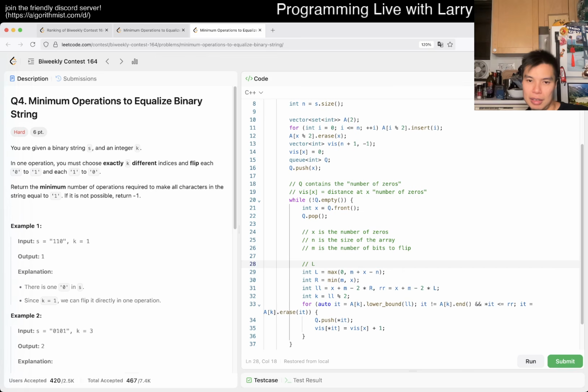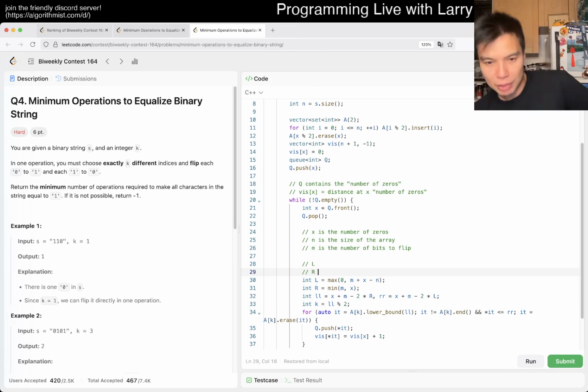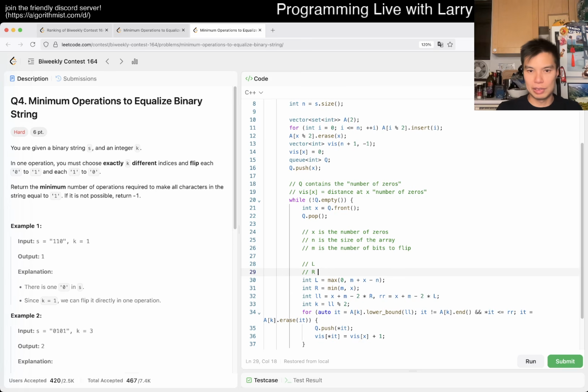So, okay, what she's doing is she's trying to get rid of zeros from the entry thing. So R is just equal to the number of zeros to flip off, which is limited by M, of course. So then this is maybe the number of ones to flip off.